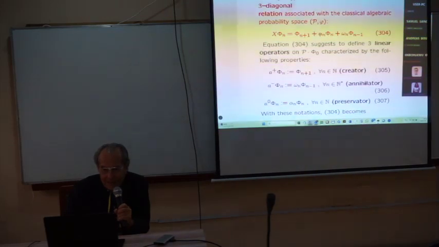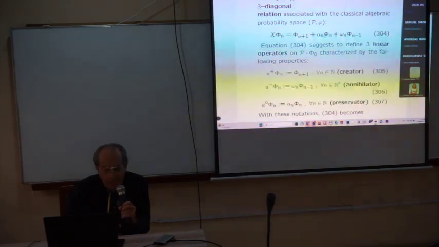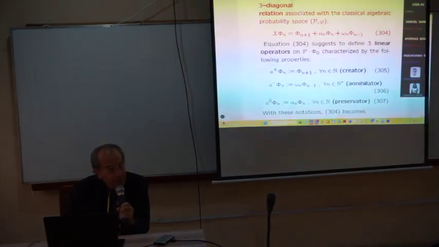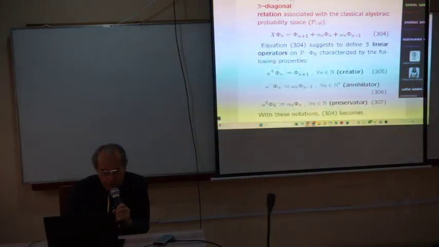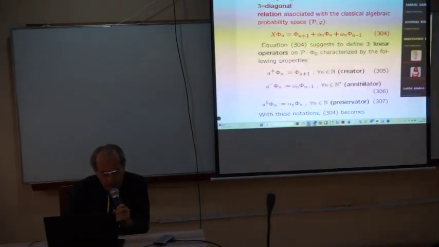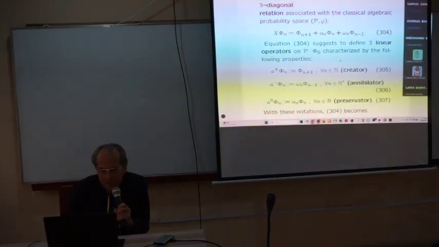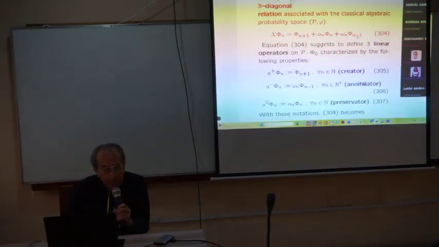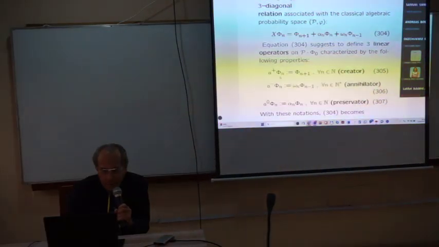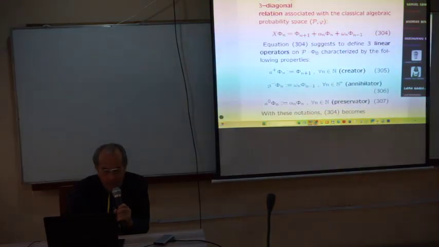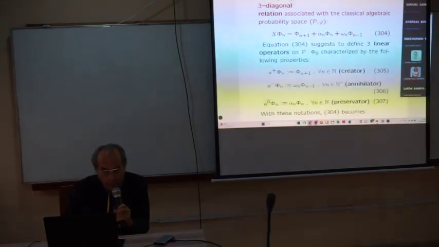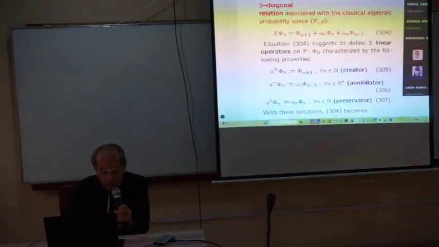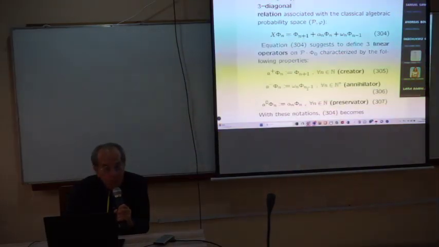Similarly, here I have alpha n Vn, so I can define another operator, A0, with the property that A0 Vn equals alpha n Vn. And here we have omega n Vn-1, so I can define a new operator, A minus, with the property that A minus Vn is omega n Vn-1.